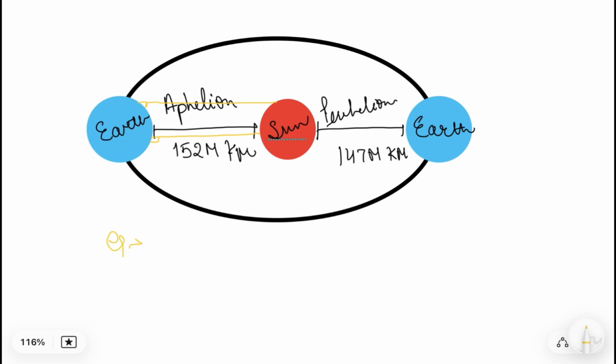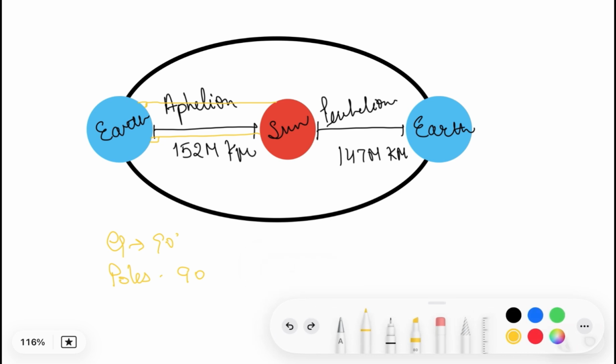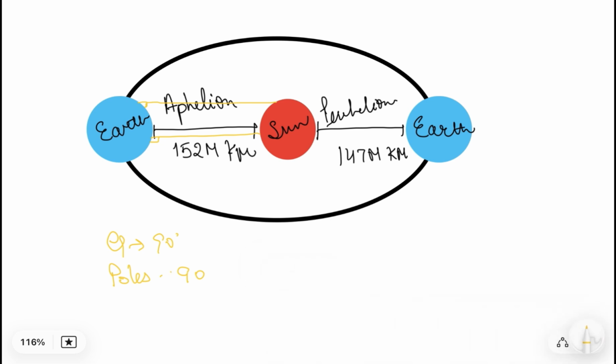So at the equator we have a 90 degree angle, and in case of the poles the angle is less than 90 degrees.